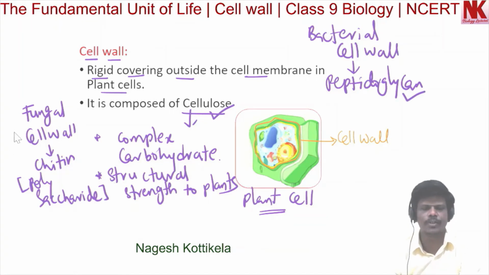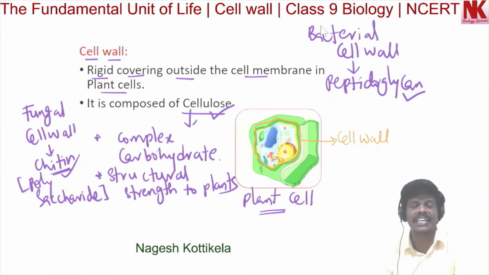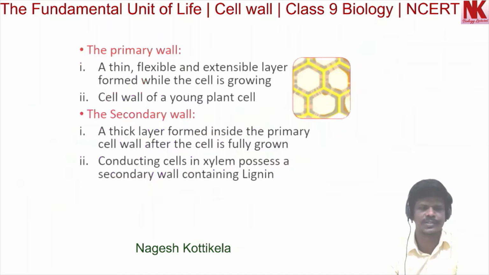And in case of fungi, the cell wall is made up of chitin. This chitin is a polysaccharide. So, cell wall is a rigid covering outside the cell membrane in the cells like plant cells, bacterial and fungal cells. Now, moving to the next.